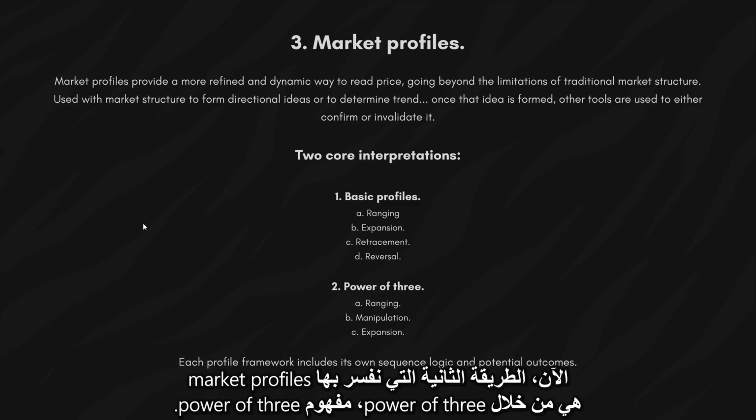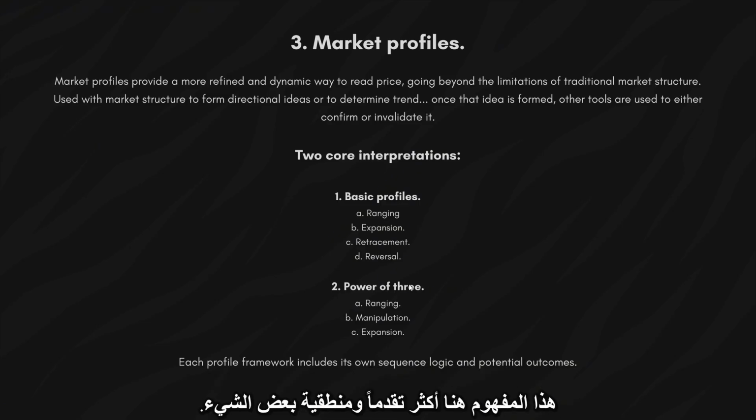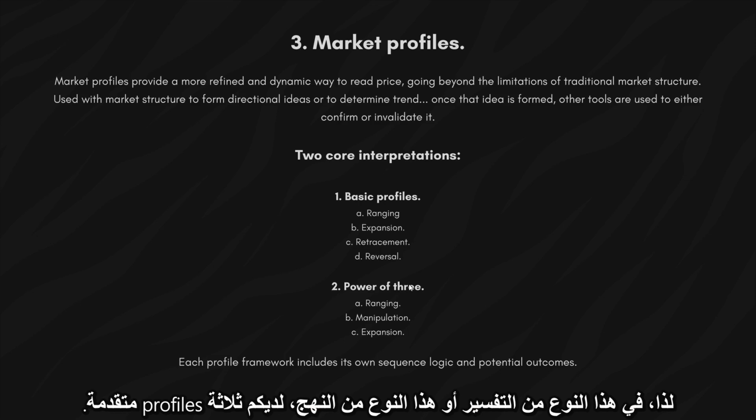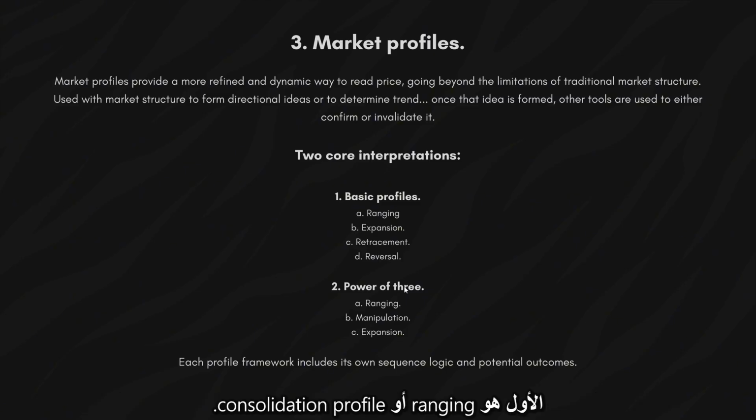Okay. Now, the second way we interpret market profiles is through the power of three concept. This one is a bit more advanced in logic, but once you understand it, it's insanely useful. In this approach, you've got three advanced profiles.